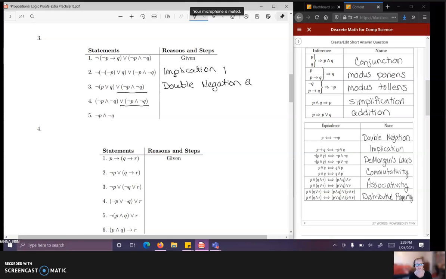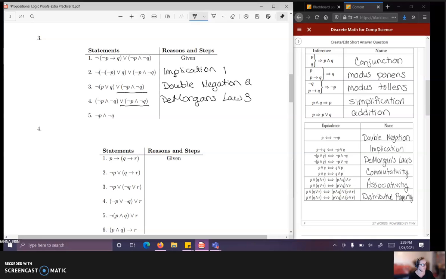That's the only thing that deals with changing an and to an or in general. So even just the fact that an and changed to an or, or an or changed to an and, should lead you to a De Morgan's law. So this was De Morgan's law on line 3, which gave us line 4.